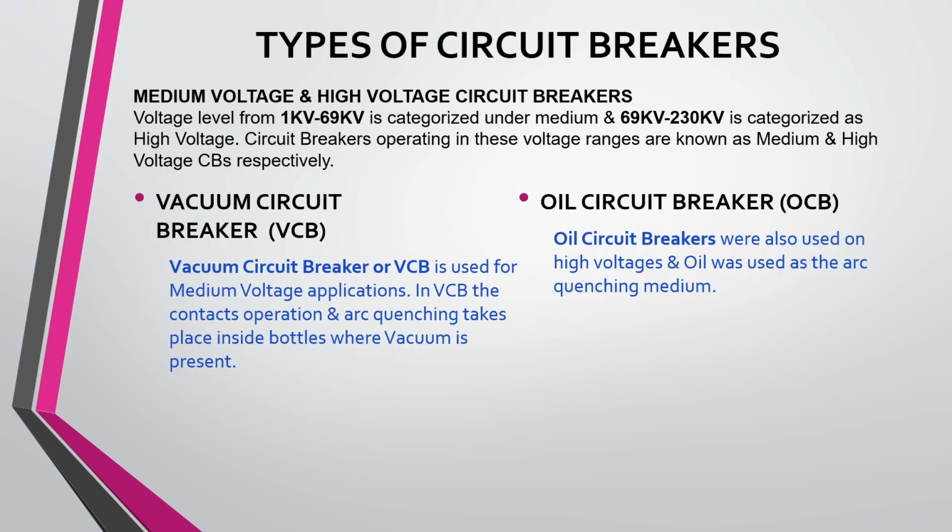In the case of oil circuit breaker or OCB, oil circuit breakers are also used in high voltage, and oil was used as the arc quenching medium. So nowadays it is getting older and not being used because it causes explosions sometimes, and that is very harmful for the environment where it is being used.